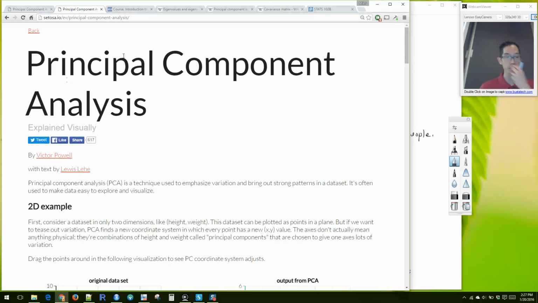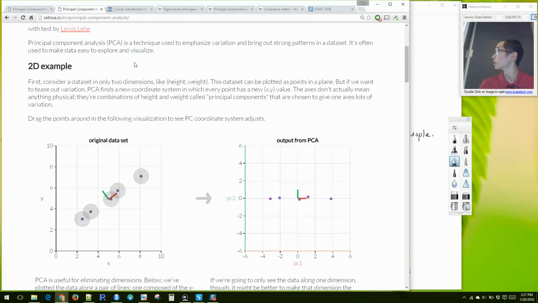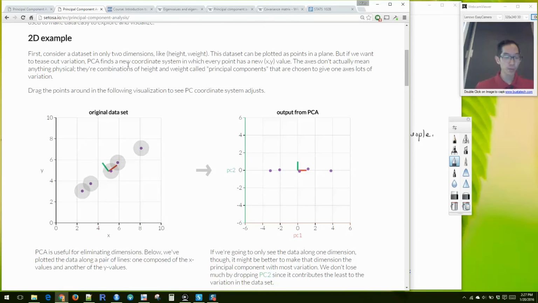So here we could have something like height and weight, and there are just 5 data points. If we looked at the variation of x, it goes from 2 to 8, and the variation of y goes from maybe about 3 to 7 or something like that.